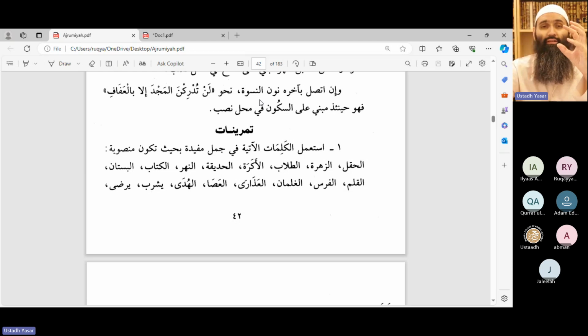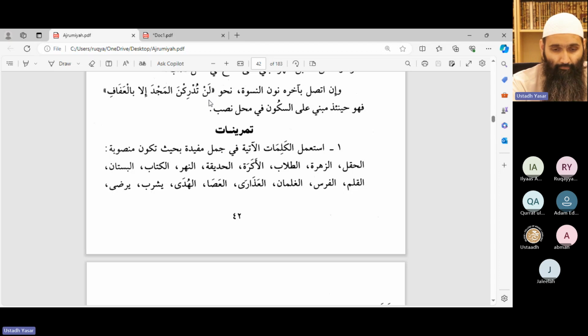So with these two conditions, we have fi'l mudari. Before it, there's something that makes it mansoob, like lan, and after it, attached to it, is noon niswa. What happens in this situation? The same thing happens. It's going to be mabni, fi mahalli nasb. But this time it's not going to be mabni ala fath, like noon tawqeed khafifa or thaqila. This time it's going to be mabni ala sukoon. Nahu lan tudrikna al-majda illa bil-afaf.